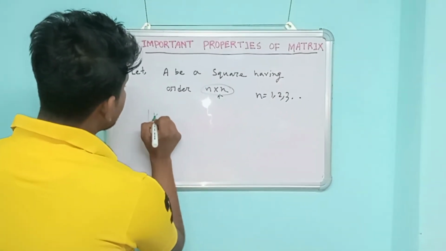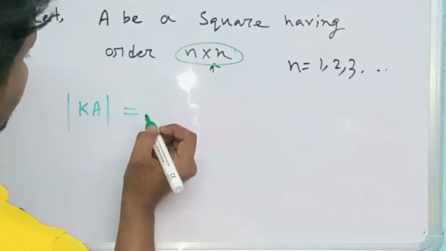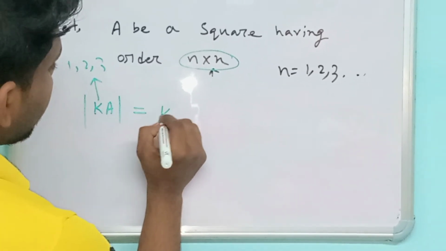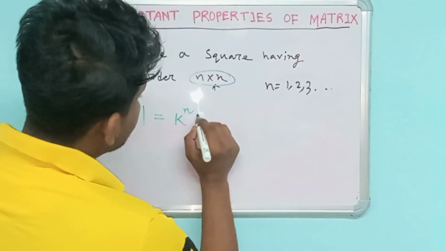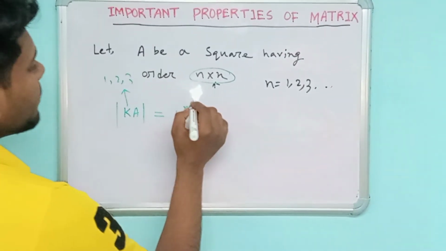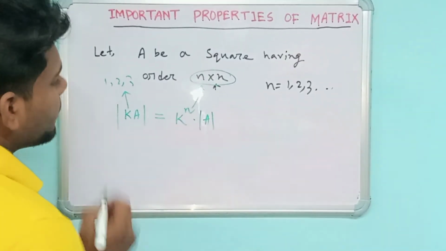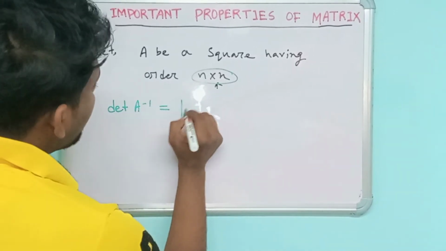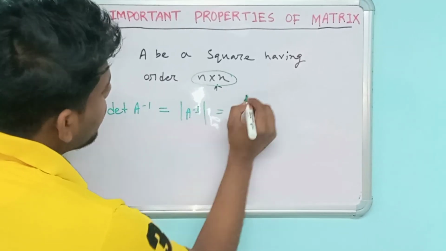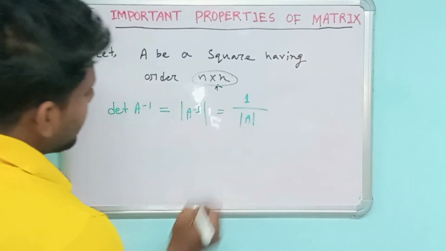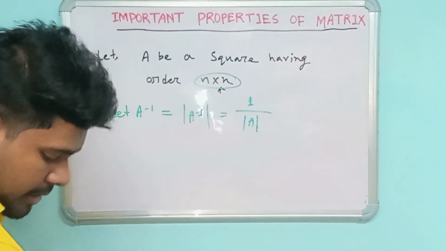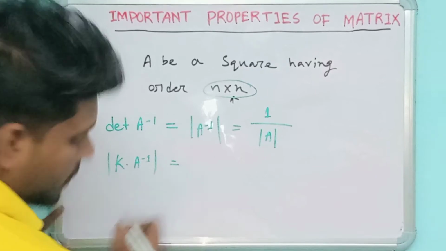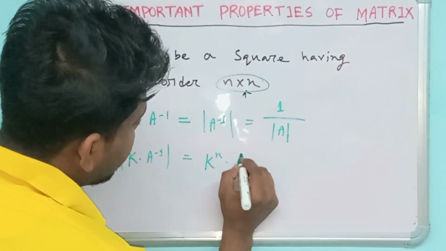Next, mod of KA equal to, where K is a constant like 1, 2, 3, so this means K to the power n into mod of A. Here n means the order of the matrix A. Next, det of A inverse equal to mod of A inverse equal to 1 by mod A or det A. Next, K into A inverse whole mod equal to K to the power n into A inverse whole mod.